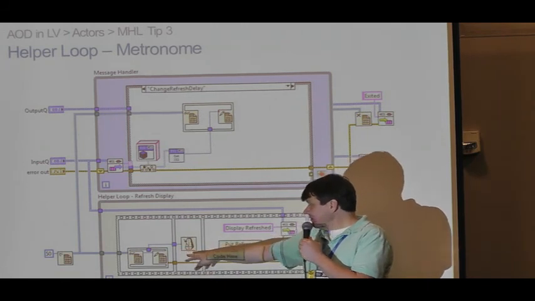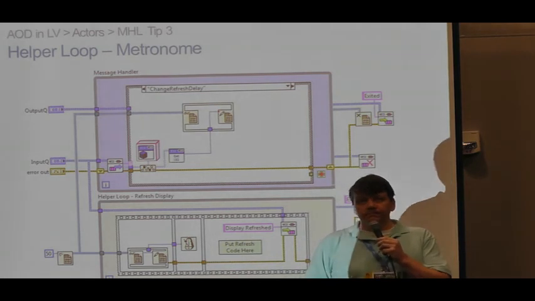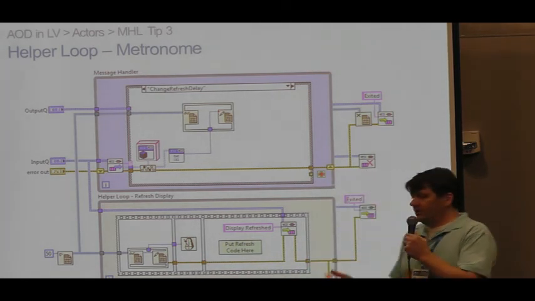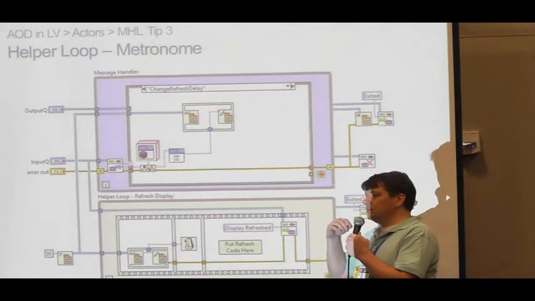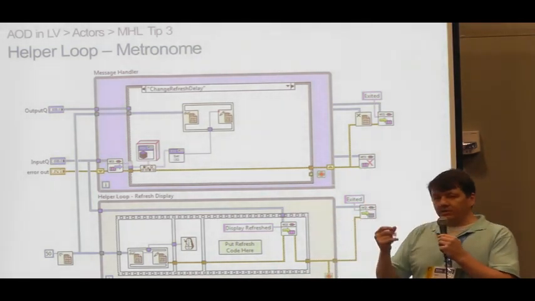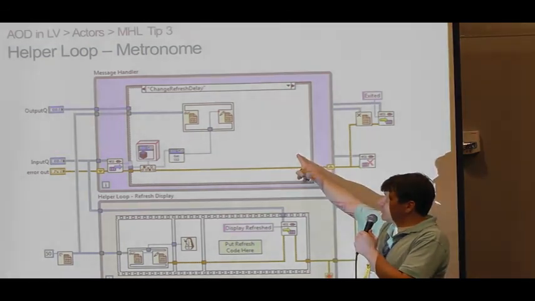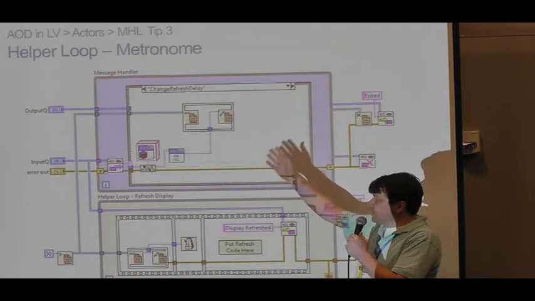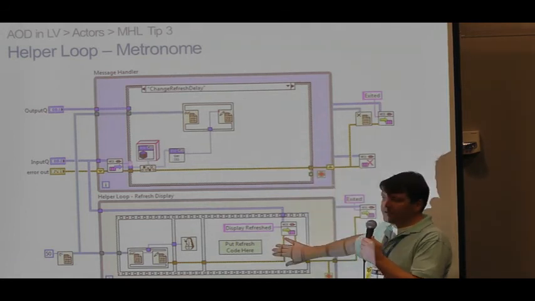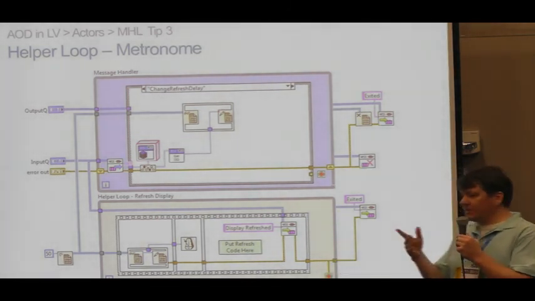In this particular case, I used a DVR as a data storage point so that the refresh display will fire at regular intervals, whatever intervals have been set. When the message handler gets the message request, it changes the value in the DVR, which is reflected down here in the helper. That's one way to implement this type of behavior.